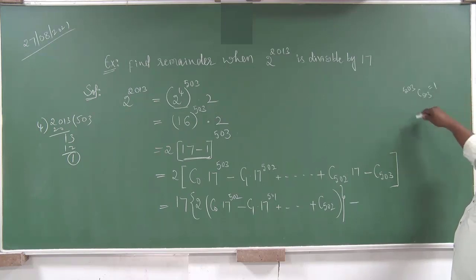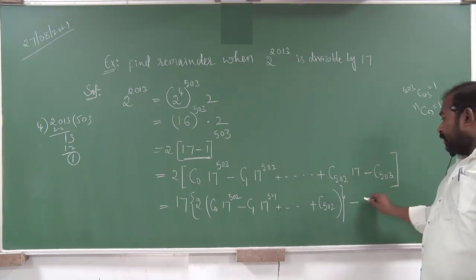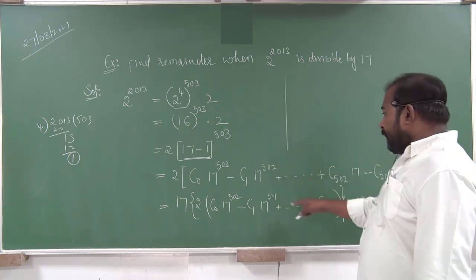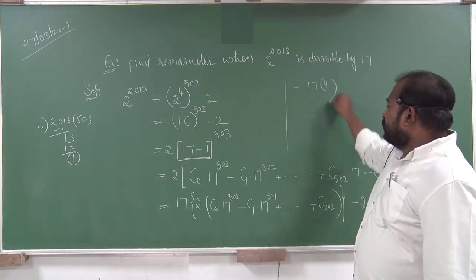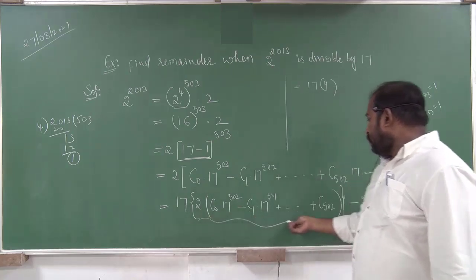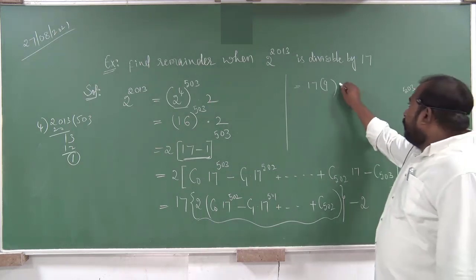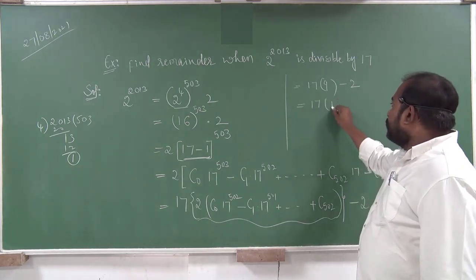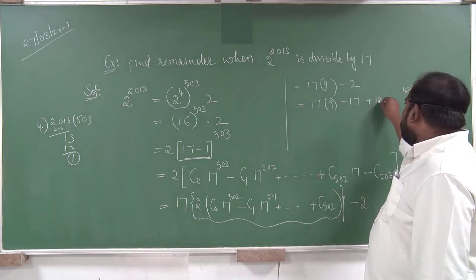What about this value? 1, since nCn is equal to 1, already given. So minus 1 into 2 is there, so minus 2. So this whole value I can write as 17 into some q. This whole value, one integral value, I can take as some q. Minus 2 is there. So this value I can modify as 17q minus 17 plus 15.